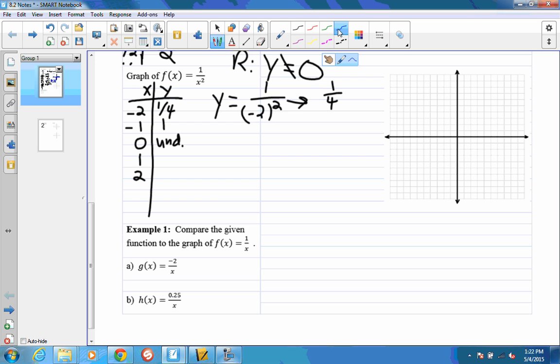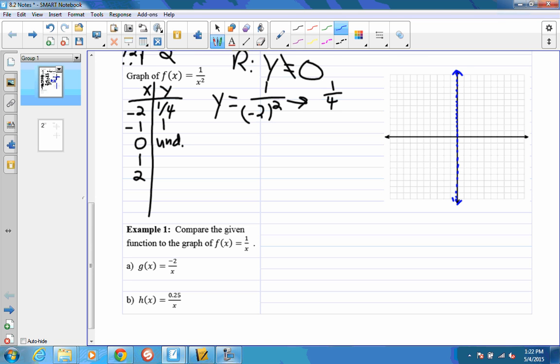Where am I going to draw it? Down the y-axis, where x equals 0, right?